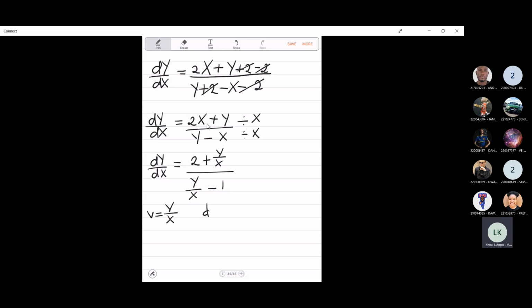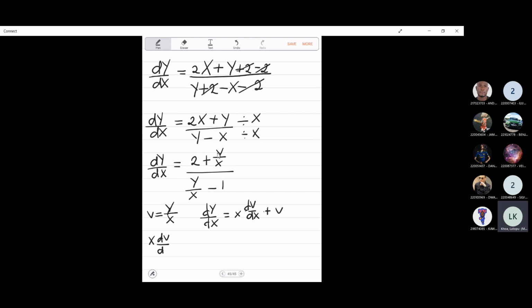This means that dy dx is equal to x dv dx plus v. Okay, so we substitute over there, and we replace this with v. So we have x dv dx plus v. This is equal to 2 plus v over v minus 1.